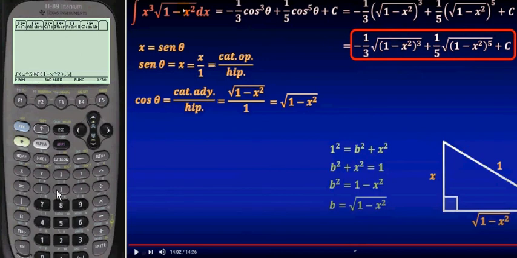Finish off and press enter. You notice you have your minus 3x squared plus 2 times 1 minus x squared to the 3/2 over 15. So the program is right, this is right.